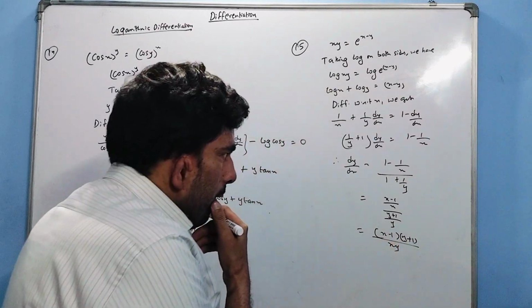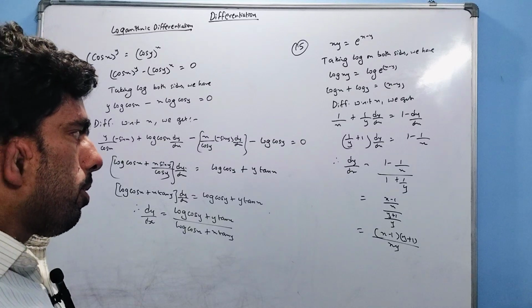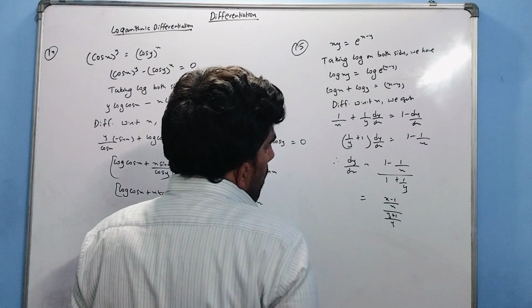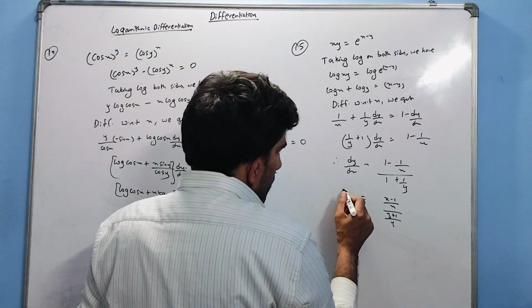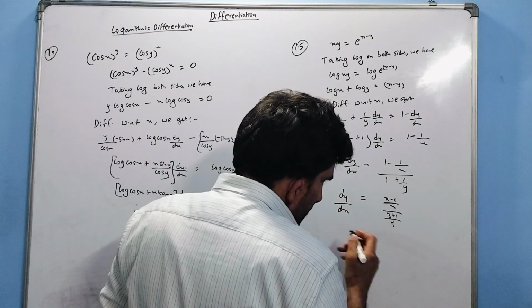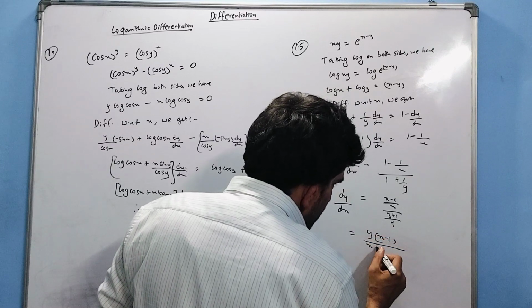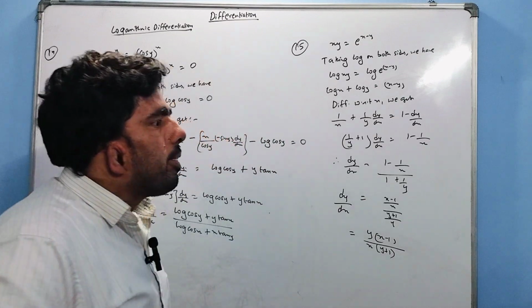Okay, so that is how we can solve this kind, or we can leave this as it is also instead of differentiating more, because we need to find the dy upon dx. So it will be x minus y into y upon xy plus 1. Okay, that is how we try to differentiate.